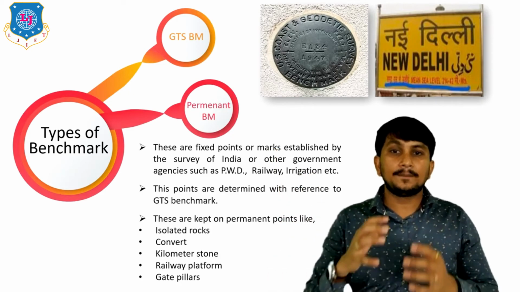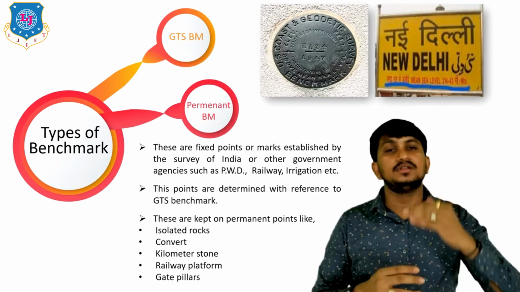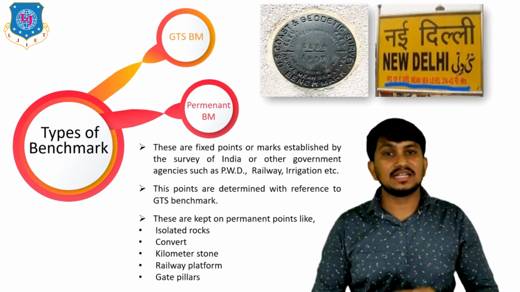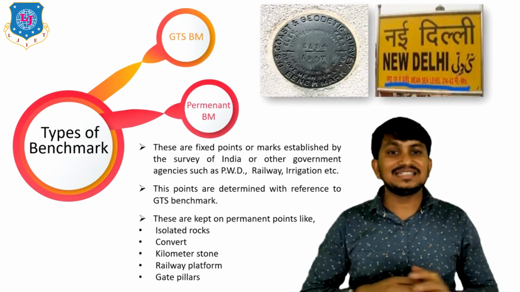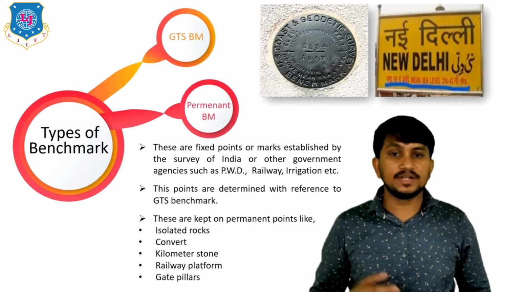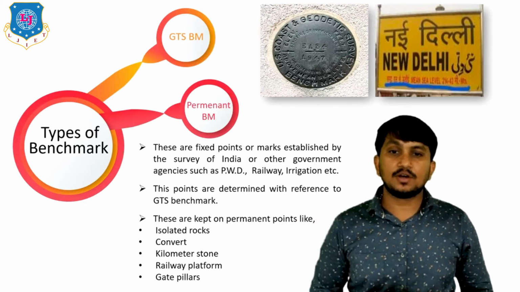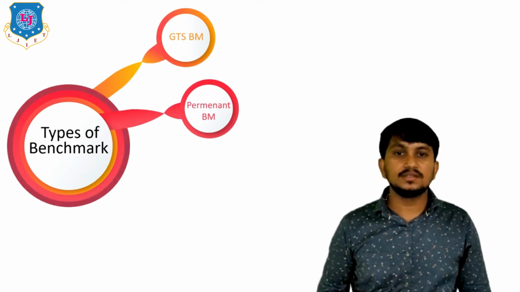Okay, so the permanent benchmark is established with the help of GTS benchmark. These are the secondary benchmark points after GTS benchmarks. These are kept on permanent points like isolated rocks, culverts, kilometer stones, railway platforms, and gate pillars. That's all about permanent benchmark.